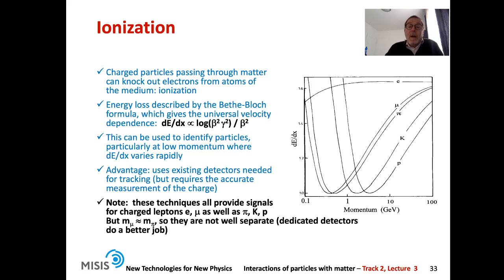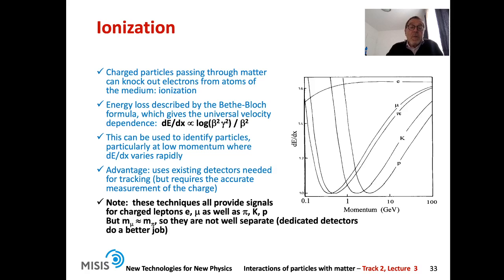And you see the ionization loss as a function of momentum for different particles at right: electron, muon, pion, kaon, and proton. This dependence can be used to identify particles, particularly at low momentum, where you see the rapid variation in dE/dx. The advantage is that we can use existing detectors, which are anyway needed for tracking, but we have to add to this detector an extra function which would allow accurate measurement of the charge.